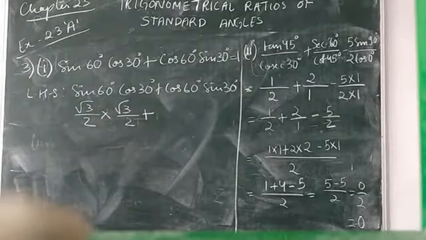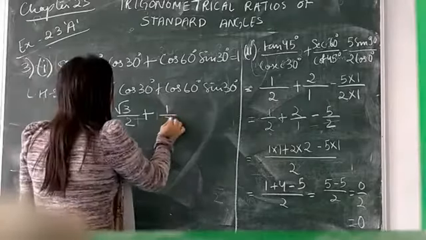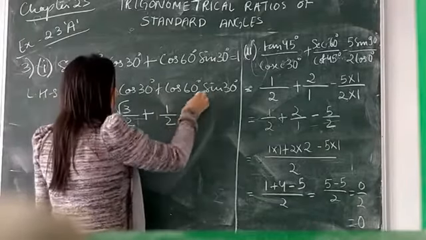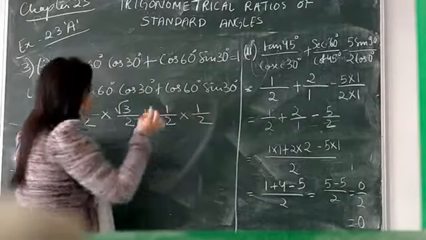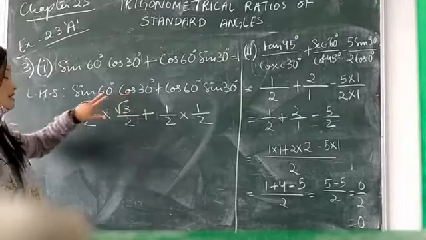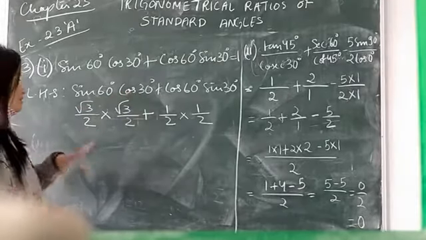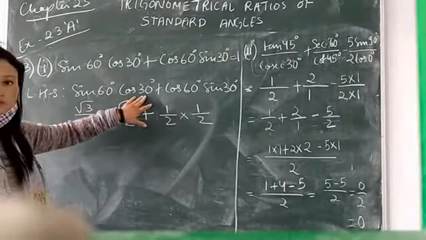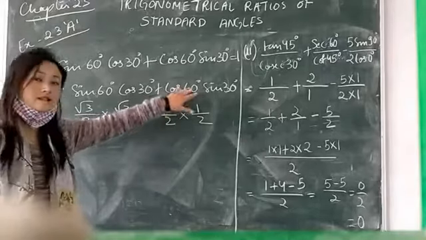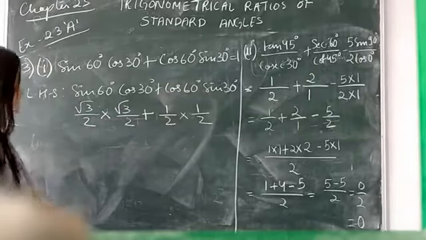What is your cos 60? Cos 60 is your 1 by 2 and sin 30 will also have the same value. Sin and cos are reciprocal when we come to values, and sin 60 and cos 30 will have the same value. Cos 60 and sin 30 will have the same value.